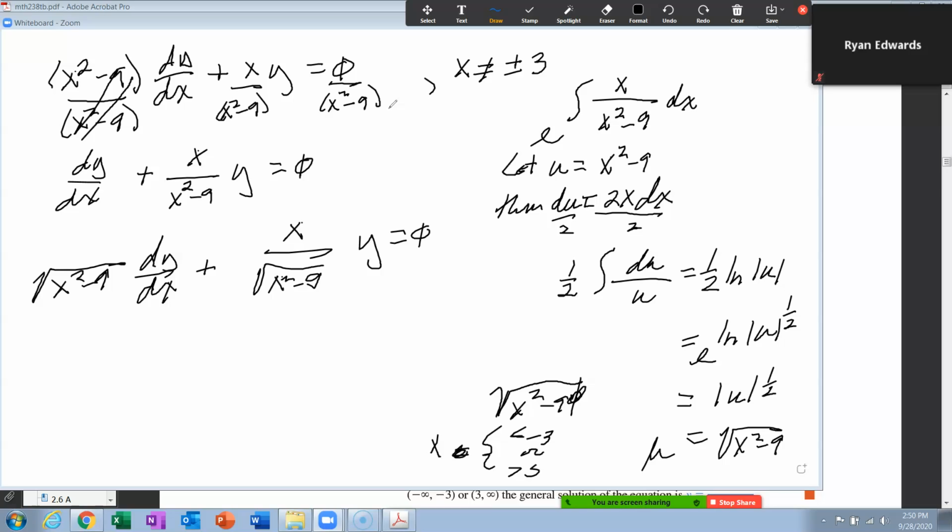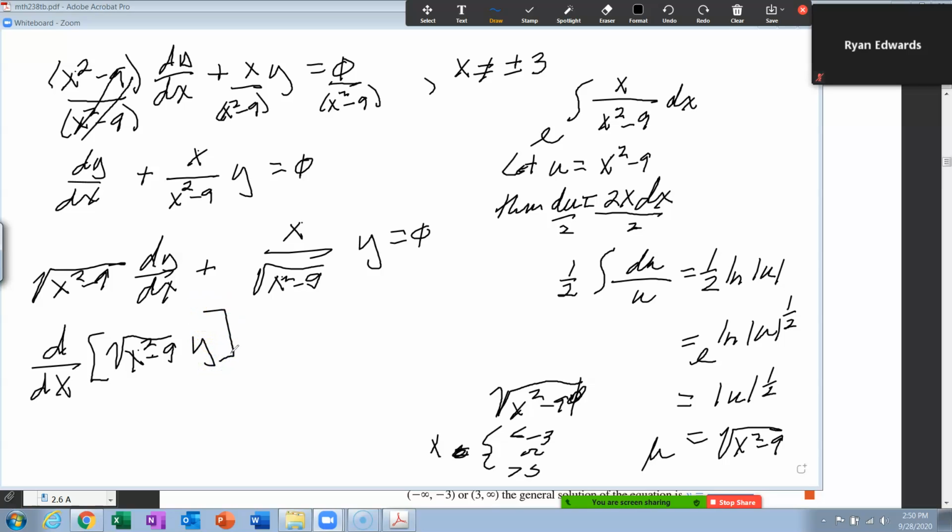Okay, so that's our differential equation now. Now, what we want this to be, and supposedly by multiplying by our integrating factor like we did, we should have made this a perfect derivative of the integrating factor, the square root of x squared minus 9, times y.